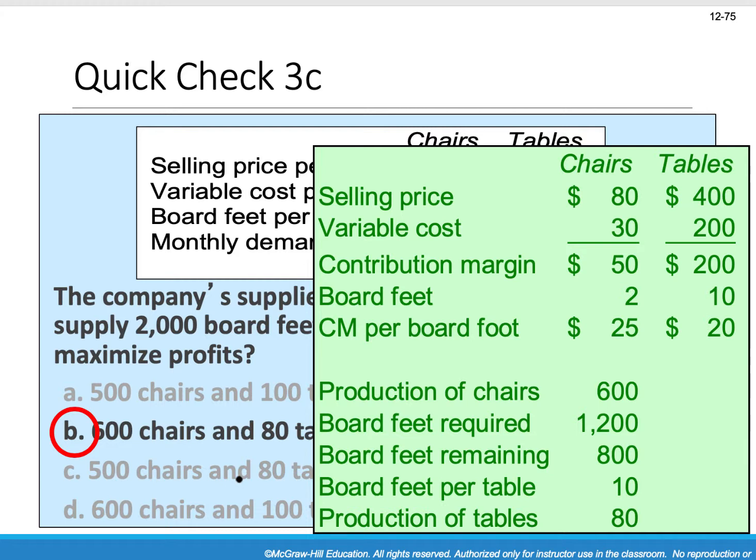You figure out which one gives you the most bang for your buck, meaning which product has the highest contribution margin per constrained resource. Right off the bat, you're going to fulfill the demand for that product. Anything left over, you're going to produce the other product. Okay? So not too bad.